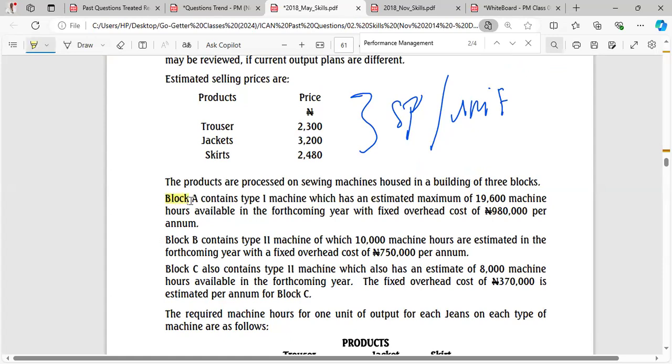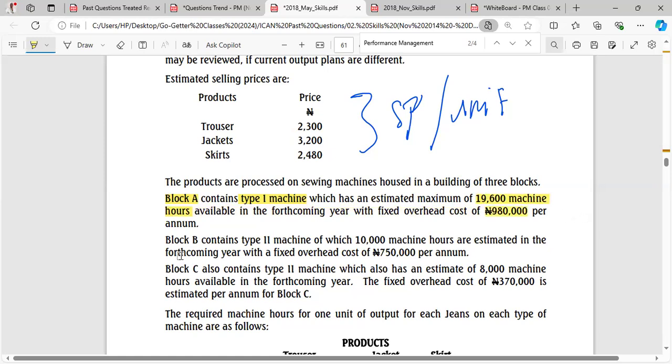Now the first block is block A, which contains type 1 machine, which has an estimated maximum of 19,600 machine hours in the forthcoming year, with a fixed overhead of 980,000 per annum.